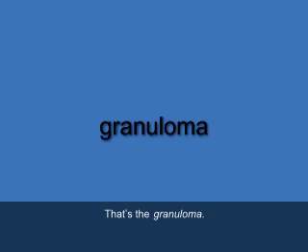What is the general term for any small, knot-like swelling of granulation tissue? That's the granuloma. And a thickening of the skin caused by repeated rubbing, such as if you're working outdoors with your hands, is known as what?